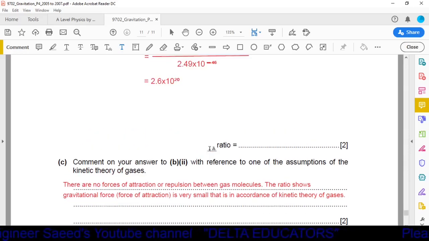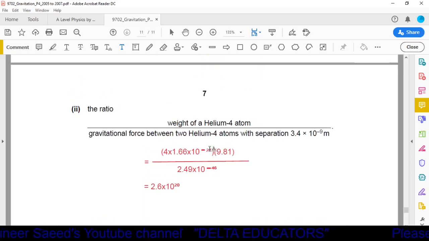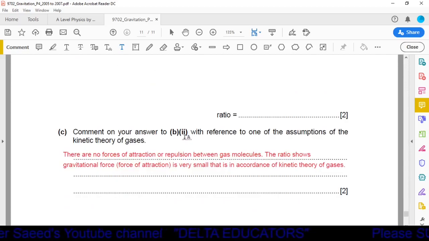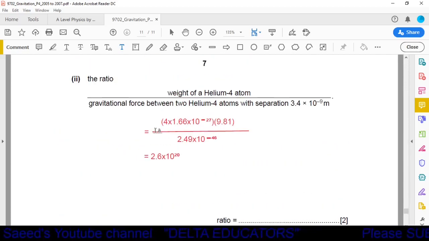We have to answer with reference to B part 2. Here we have calculated a ratio between the weight and the gravitational force. What we are seeing is that the force of attraction between the gaseous molecules is too small compared to the weight of the helium atom, because the ratio is 2.6 × 10^20.